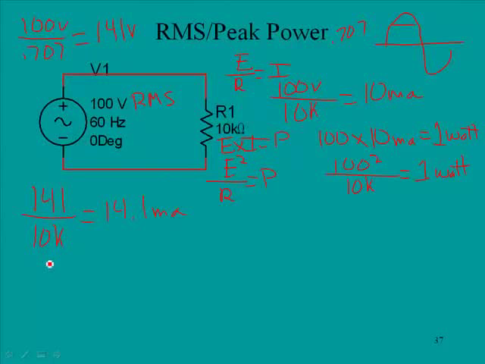And if we were to calculate power now, 141 times 14.1 milliamps, then it'd be about 1.98 watts. So when you consider peak power, it is going to yield a much higher value, almost twice as much as the equivalent RMS.